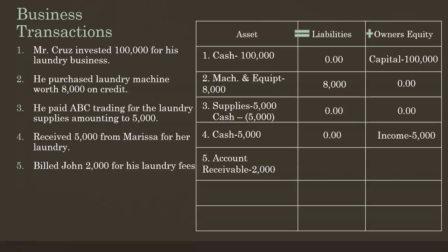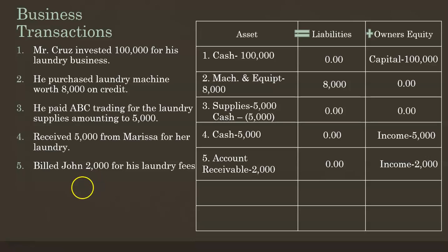What about the credit account, or the contra account, of accounts receivable? Liability? No. Income, 2,000 pesos. Yes, it is income, because John had his laundry done by Mr. Cruz amounting to 2,000 pesos.